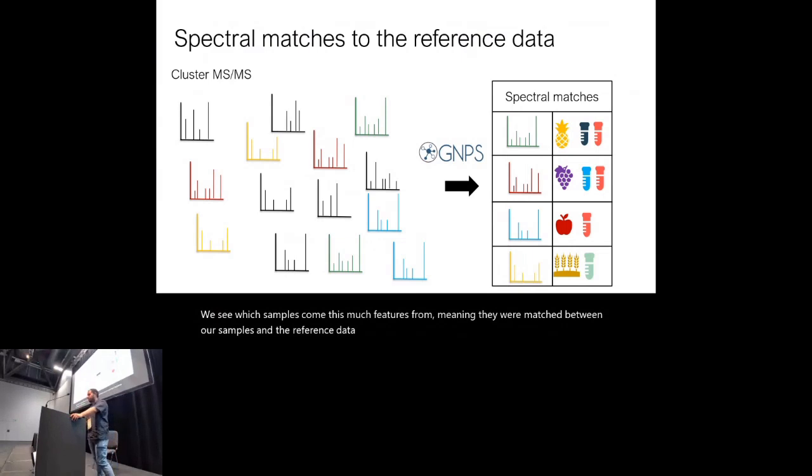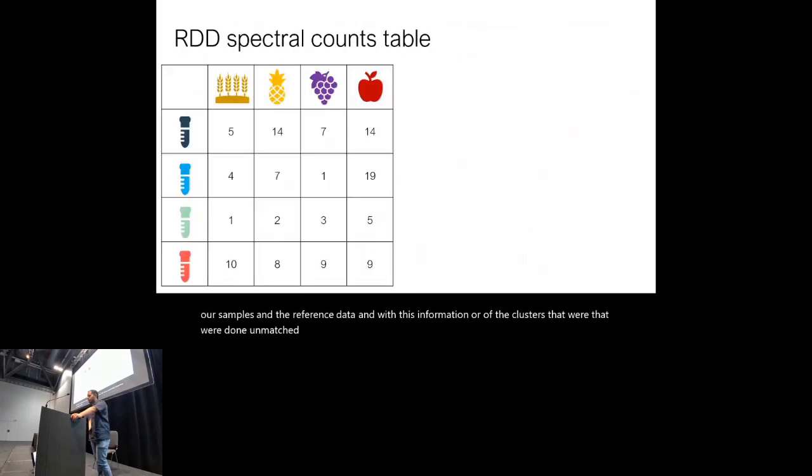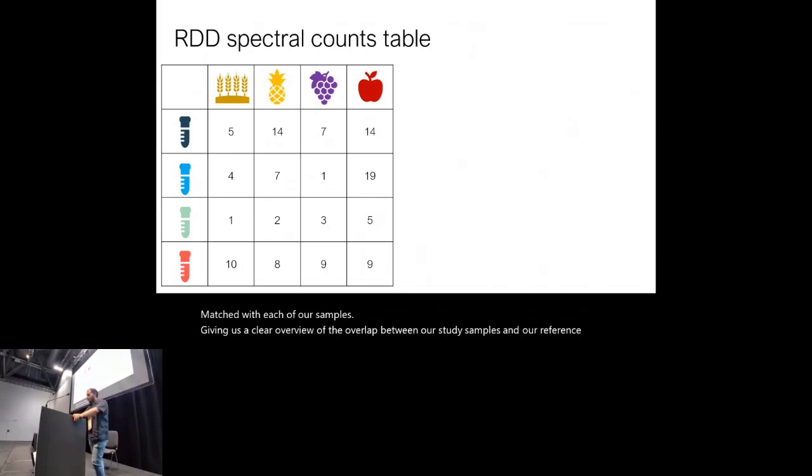With this information from the clusters that were matched, we start to create the RDD spectral counts table, or reference data spectral counts table, which basically summarizes how many features from each reference match with each of our samples, giving us a clear overview of the overlap between our study samples and our reference samples.